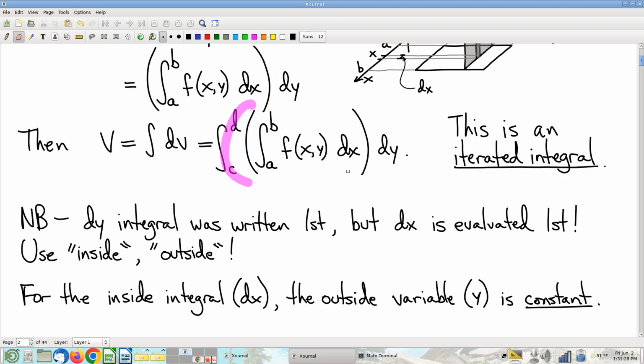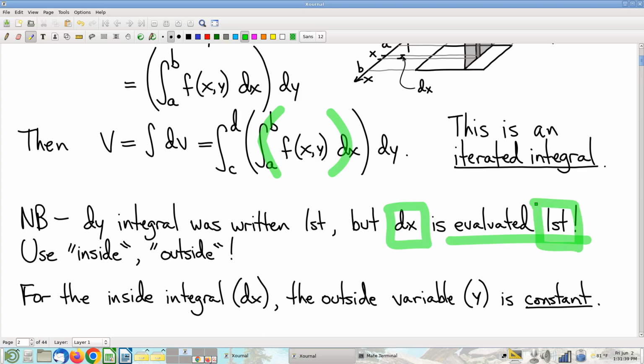But from a computational standpoint, when we get to computing this, you have to compute your dx integral first. I can't compute my dy integral, yet I don't know what its integrand is until I compute the dx integral. So computationally, you have to go sort of inside out. Structurally, in generating it, you have to go outside in.